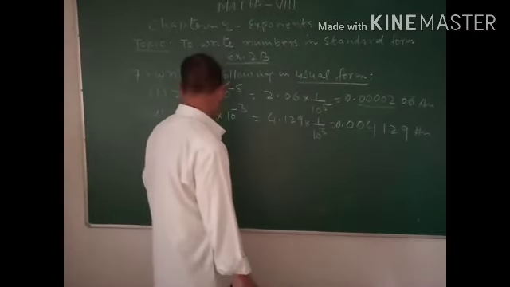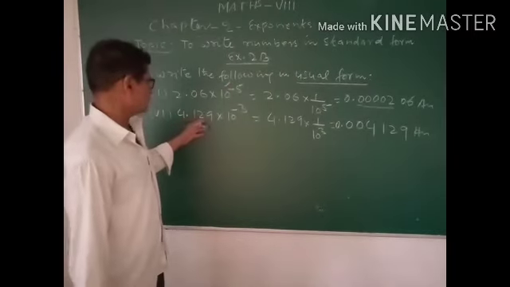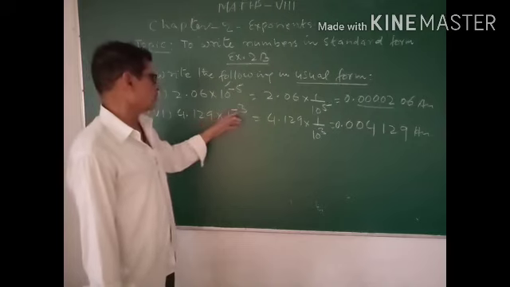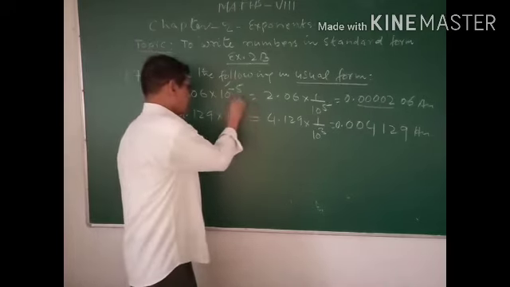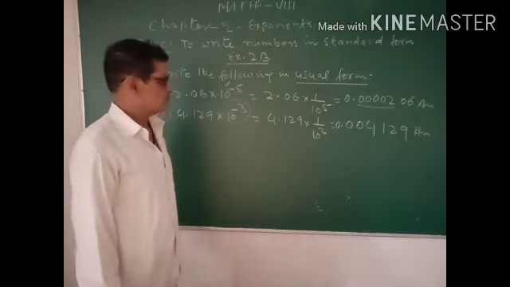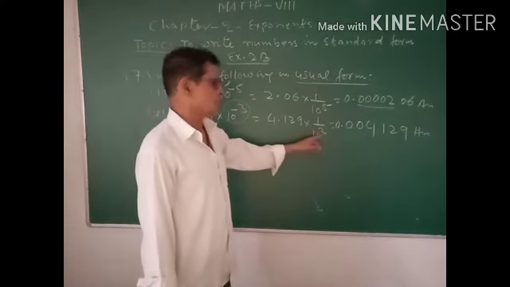Similar is the case here. 4.129 into 10 to the power minus 3. Bring it, write its reciprocal. This will become 10 to the power cube.